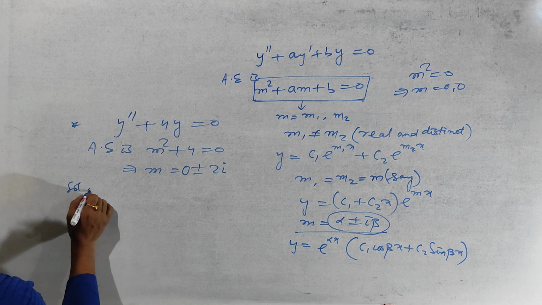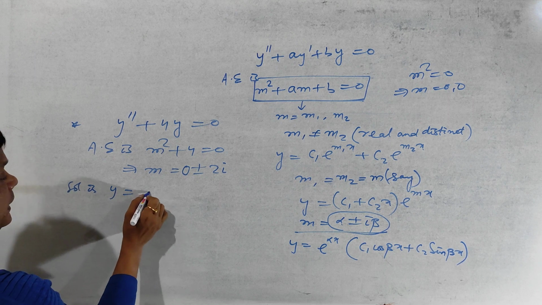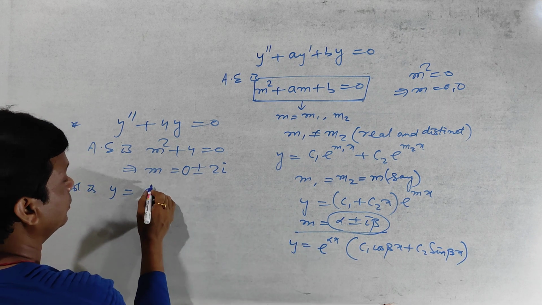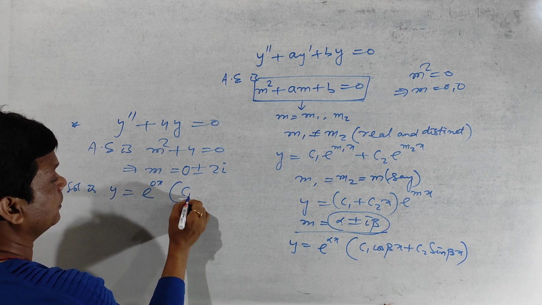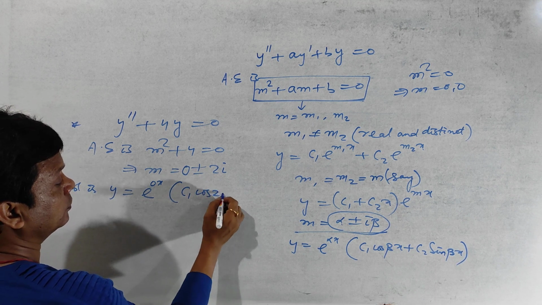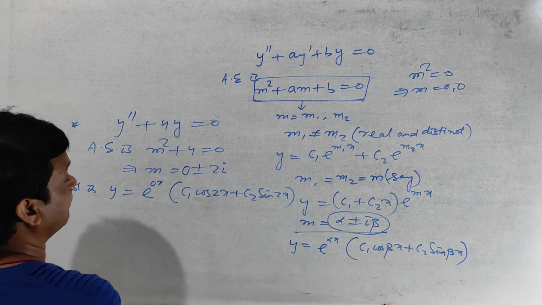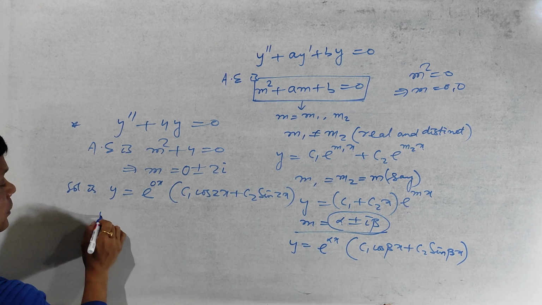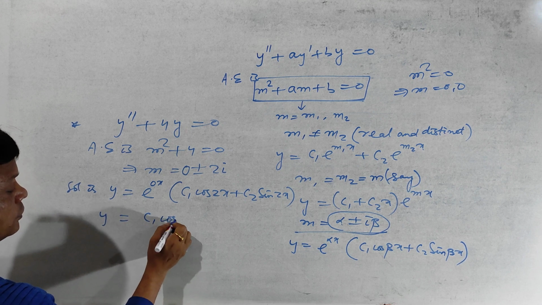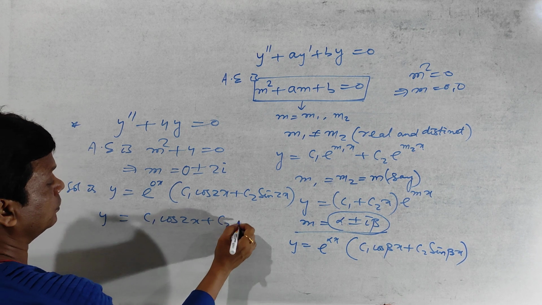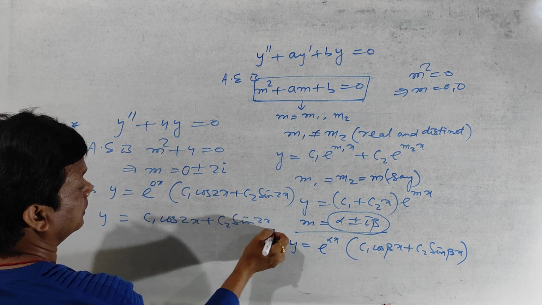So solution is y is equal to e to the power alpha x, here alpha is 0, so e to the 0x, into c1 cos beta x, here beta is 2, plus c2 sin 2x. Clear? And e to the 0x is 1. So y is equal to c1 cos 2x plus c2 sin 2x. Clear?